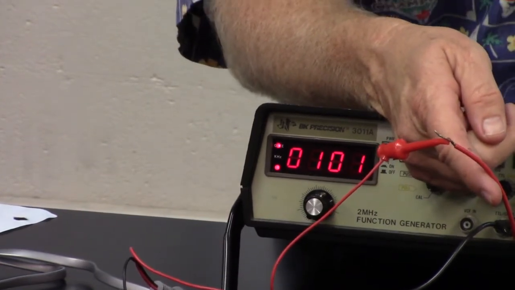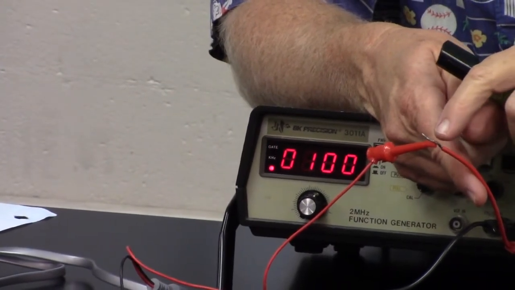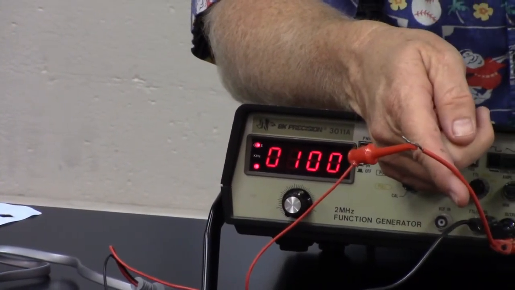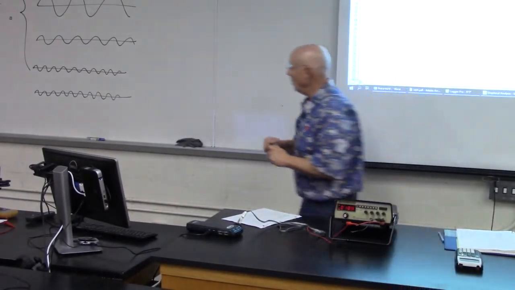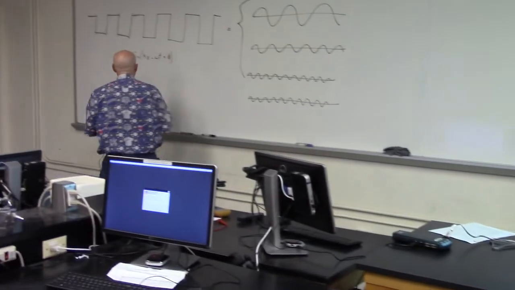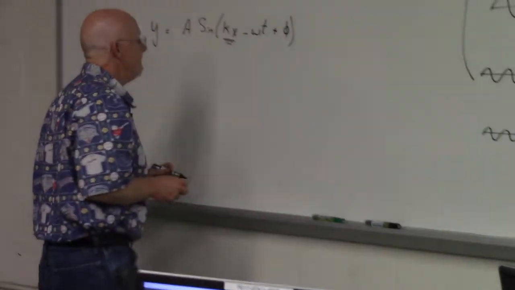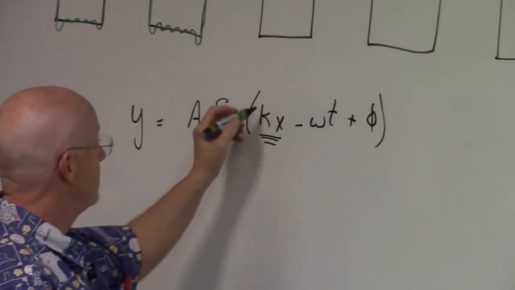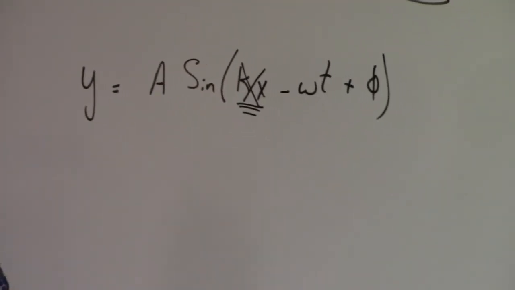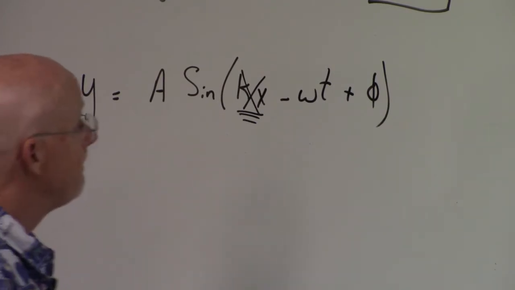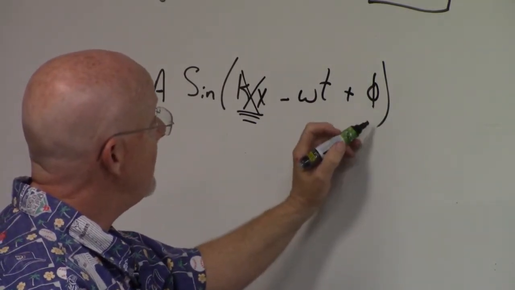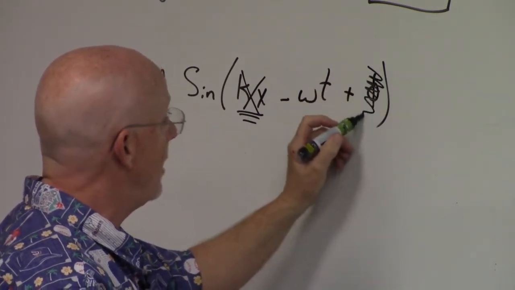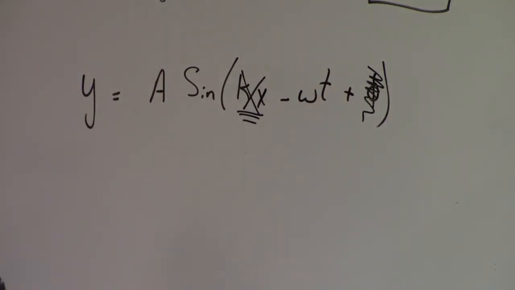So let's do this. To reconstruct this, let's call this connection right here x equals 0. And so we're going to plot the wave as a function of time. So let's call my measurement spot 0, so that one is out of the picture. Let's also say that the phase, since we can pick it anything we want, is 0.